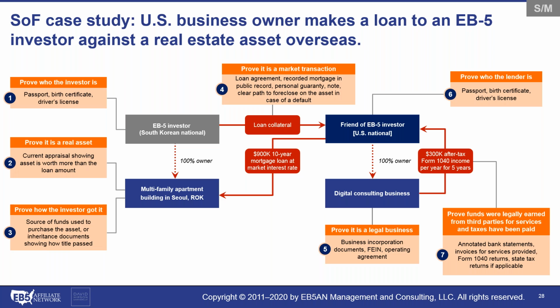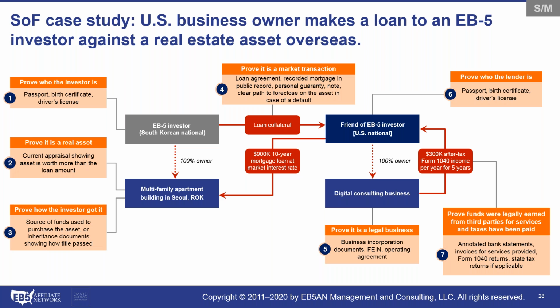Then in terms of the capital that's being loaned, the friend who's loaning the money has got to prove that his business is legitimate. It's a US business in this case, so the documents are going to be much clearer. So incorporation documents, FEIN number, operating agreement, where's the business located? Is it registered to do business there? What business is it in? All the tax returns that business has filed.